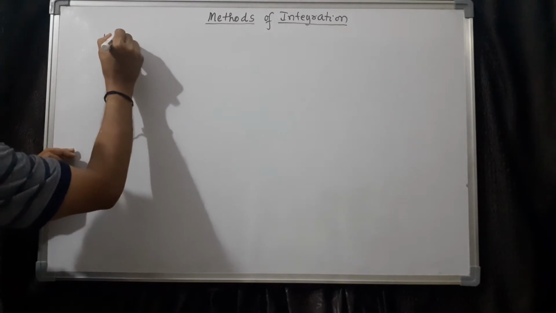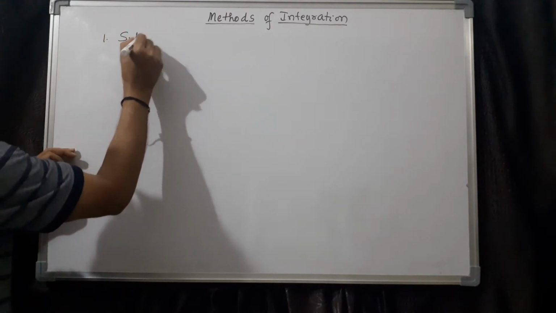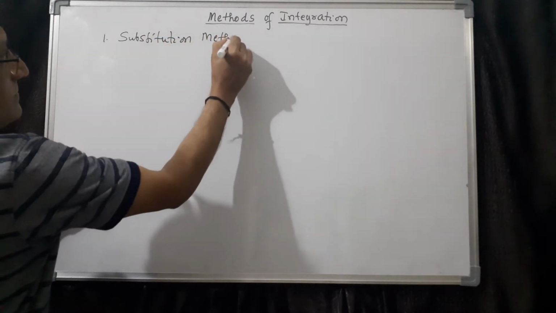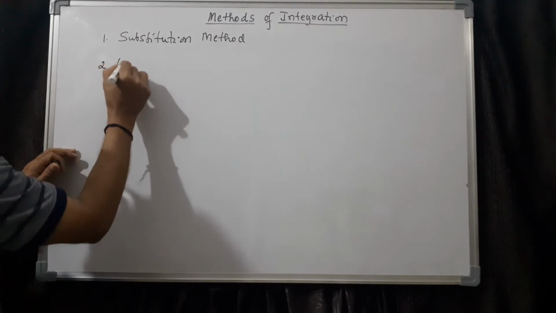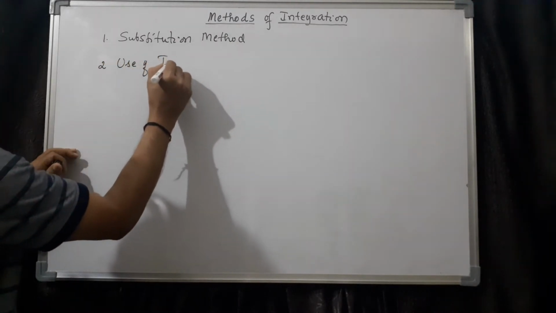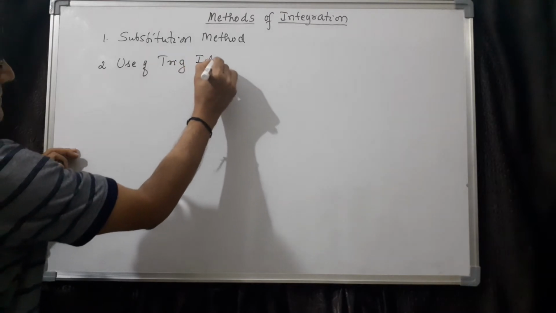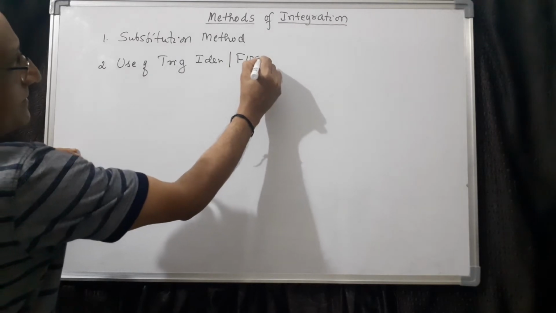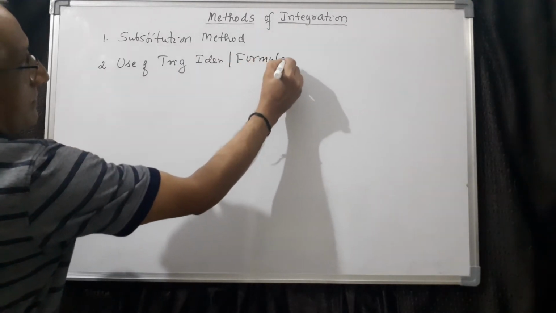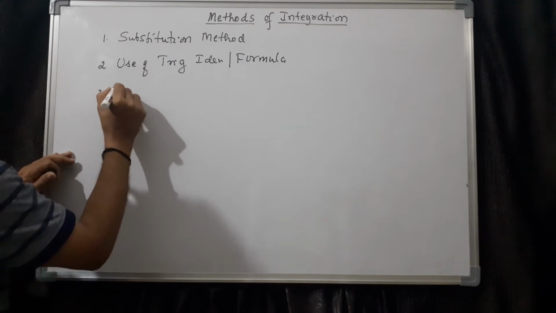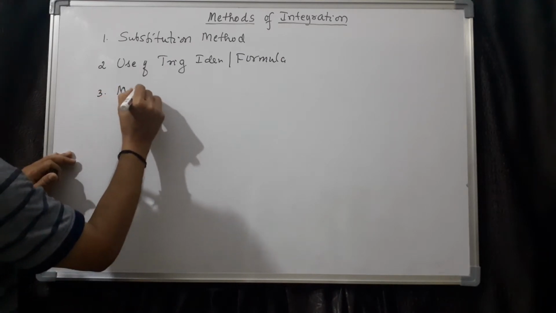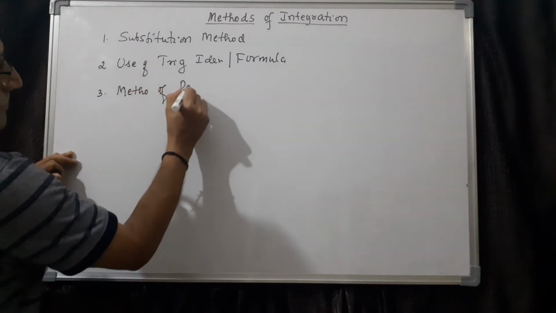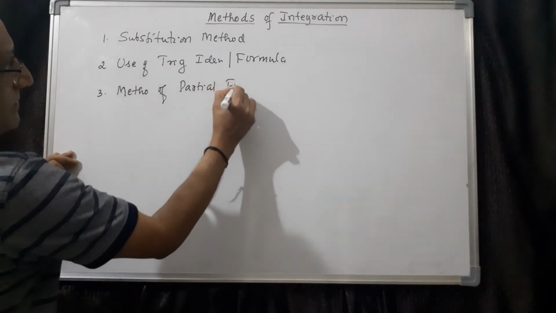First one is the substitution method. Then the second one is the use of trigonometric identity and formula. Third one is the method of partial fraction.